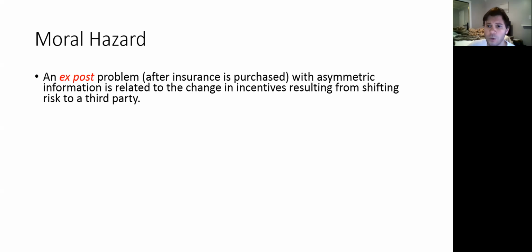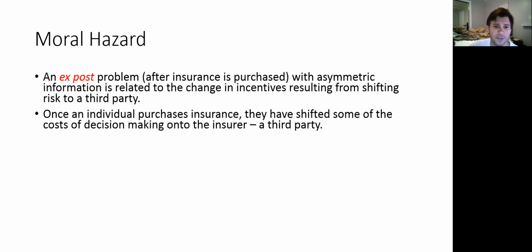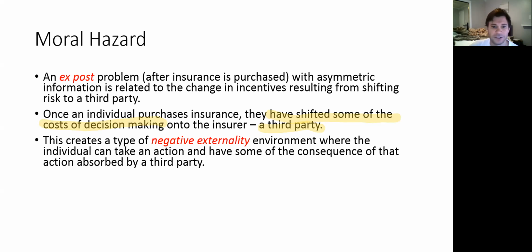Once an individual purchases some insurance, or once an individual shifts some risk to a third party, what essentially happens is this creates a type of negative externality environment where now the individual, after shifting risk away from themselves, can behave badly.